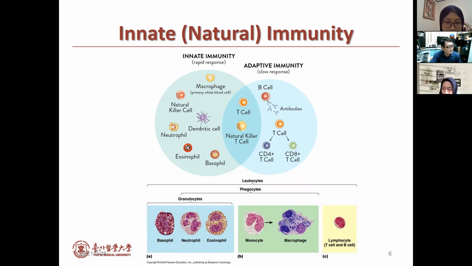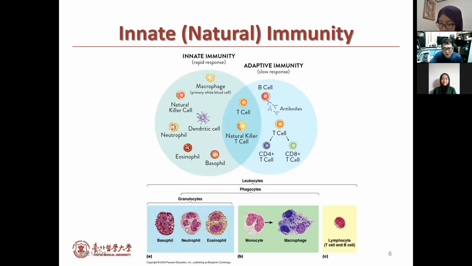You look at that basophil, neutrophil, eosinophil. If you look closely at the cytoplasm inside, there are a lot of dots that appear with a different color. If we use a dye like hematoxylin and eosin to label these cells, you can see that the granules appear in different colors.